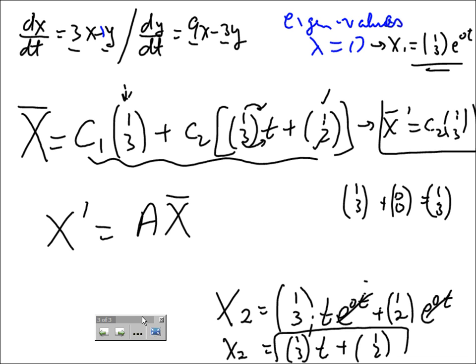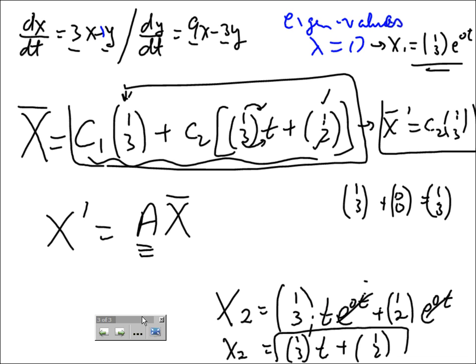So that's the derivative. If you multiply A by this mess, you're going to get x prime. It's pretty neat. So that was an example where we had a repeated root.